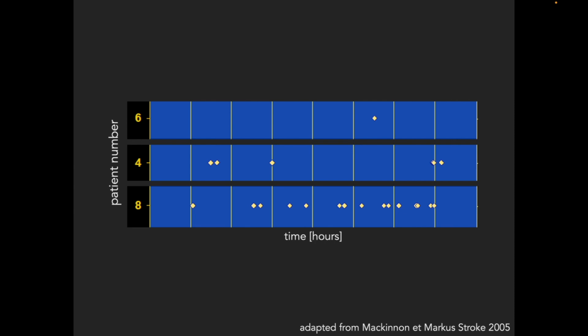In this publication, several patients were monitored for 8 hours, and you can see in patients number 6, 4 and 8 that not only the incidence differs considerably, but also the occurrence of microembolic signal in time.